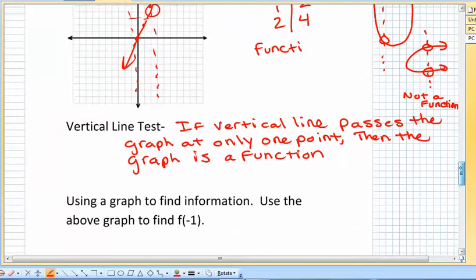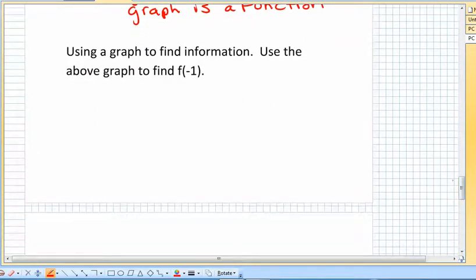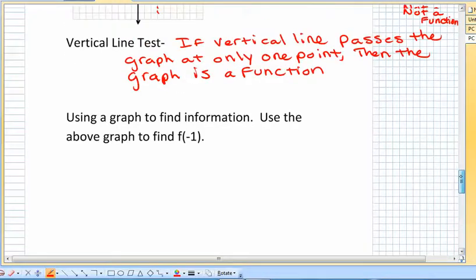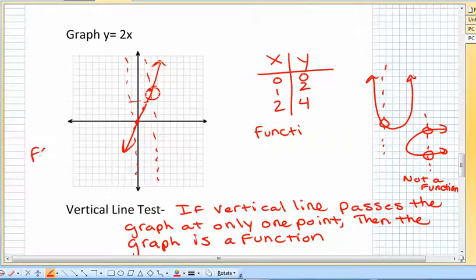All right, the next part says use the graph to find the information for f of 1, of negative 1. Well, basically, if I want to find f of negative 1, I come up here and I say, okay, negative 1 is right here. What is f? Well, f is right here, and f of negative 1 is negative 2. So you just look and see, if x is negative 1, what is y?